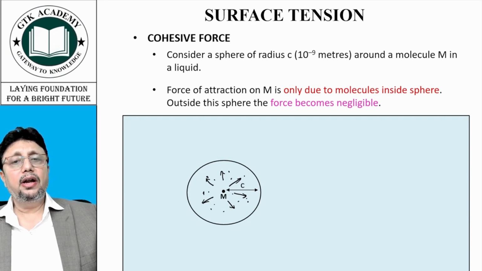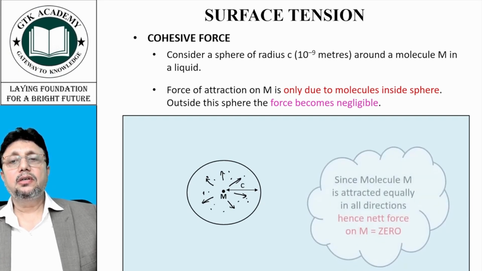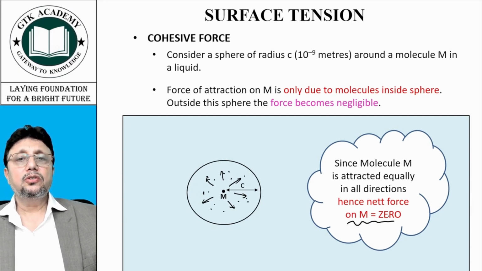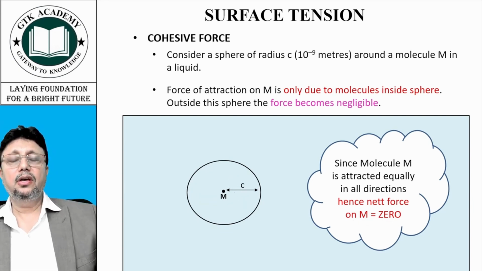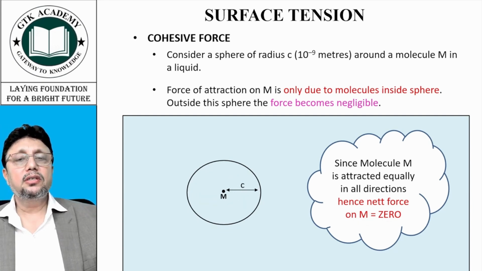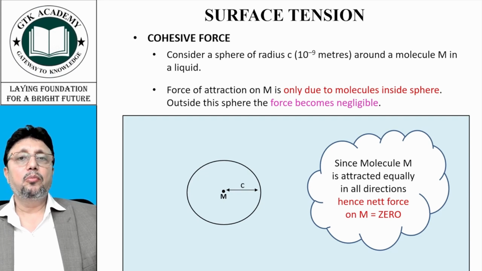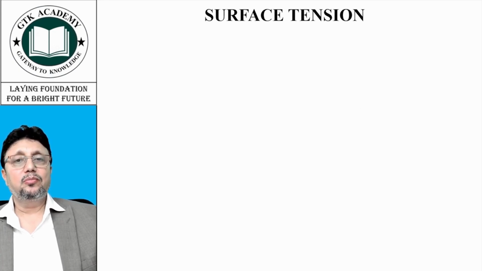Since it is pulled in all directions equally, the forces cancel out and the net force on molecule M becomes zero, right? I hope you have understood this. If you have understood this, then you will be able to easily understand the reason behind surface tension.